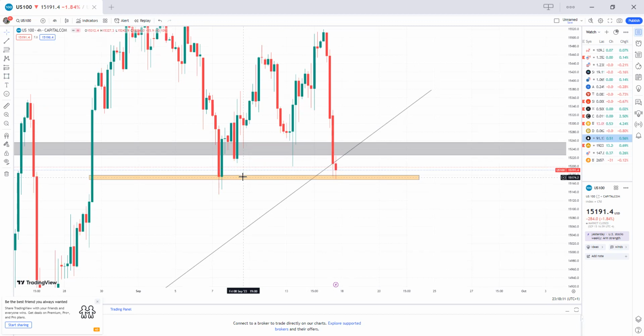But looking at something clearly now, price action now, see, we have formed a double top right here.